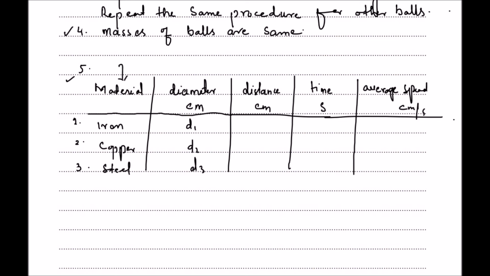The first column, name of material, because balls are made of different materials like iron, copper and steel. Second, diameter of ball in centimeter. D1, D2, D3 show they have different values. Distance traveled in centimeter, time taken in second, and finally the average speed, which is distance traveled divided by time taken, in centimeter per second.